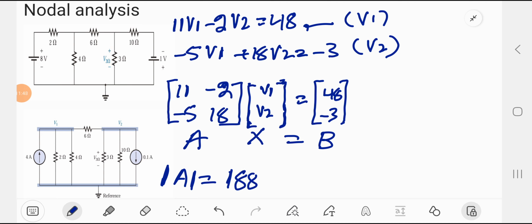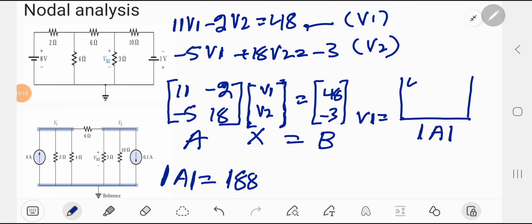So if we are going to find V1, V1 will equal the determinant of the modified matrix divided by the determinant of A, and we replace the first column of matrix A with the matrix B, according to Cramer's rule.